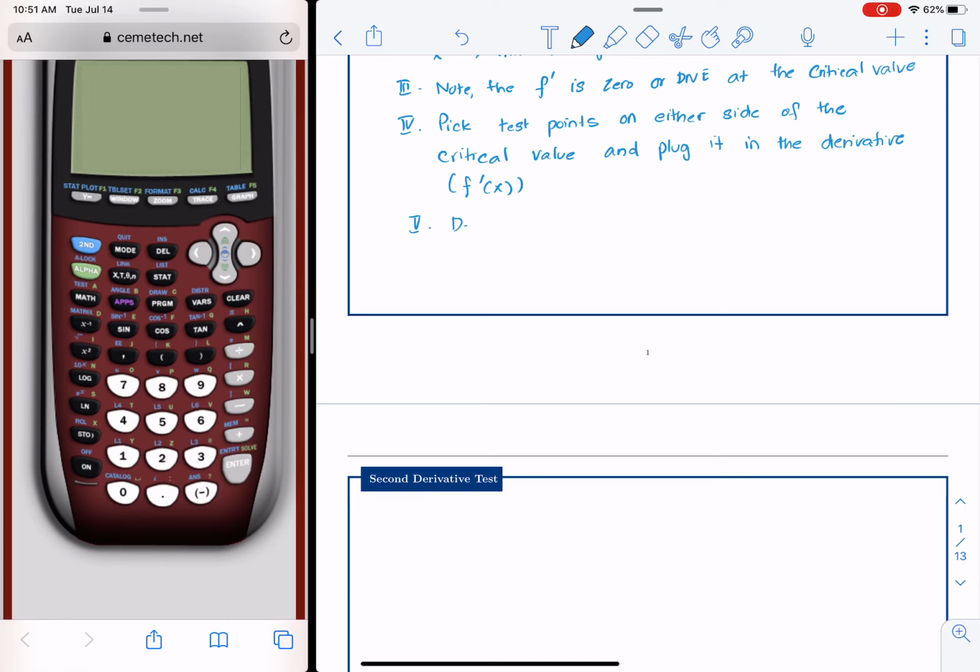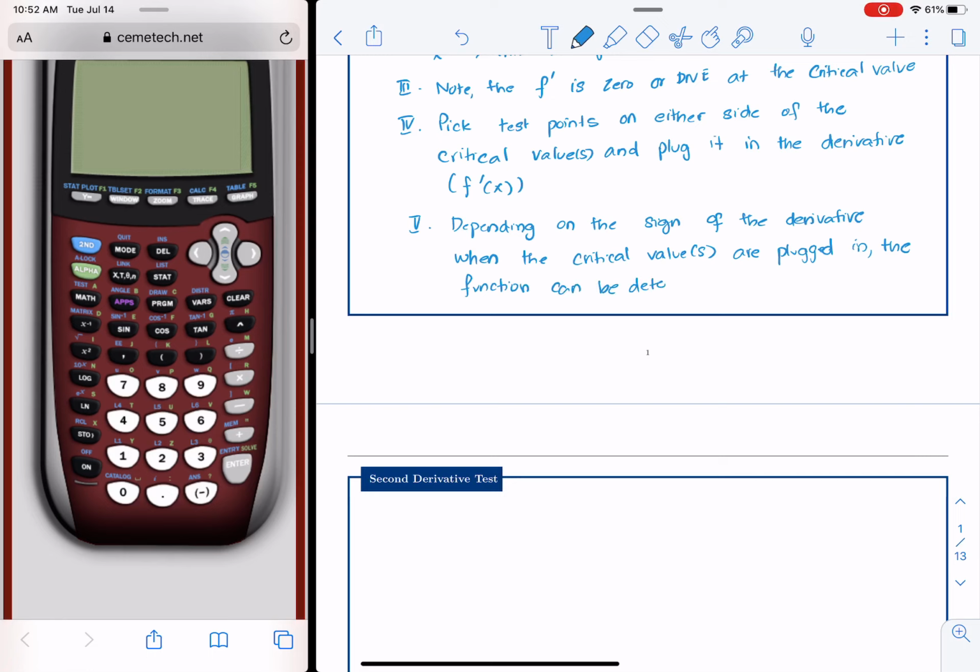And depending on the sign of the derivative, when the critical value or values are plugged in, the function can be determined as increasing, decreasing, or constant. And that is the first derivative test.